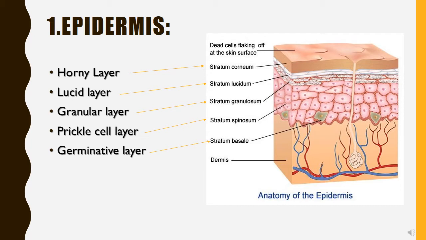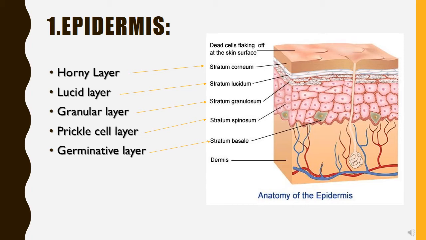The next is the lucid layer or stratum lucidum. It is composed of elongated cells containing a special protein substance which is called eleidin. Besides this, stratum lucidum contains glycogen and fatty substances like lipoic and oleic acid.